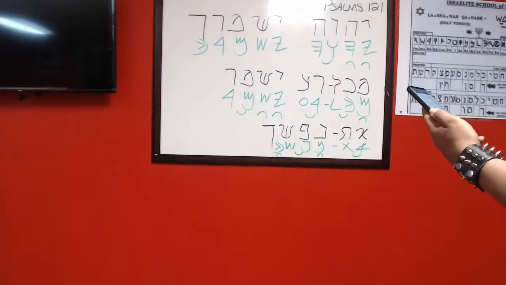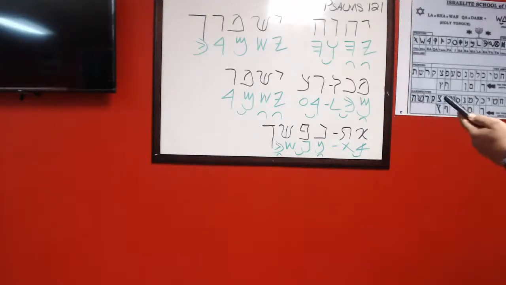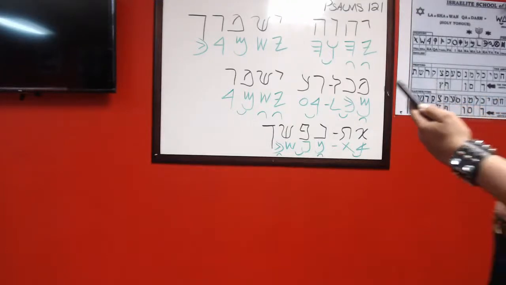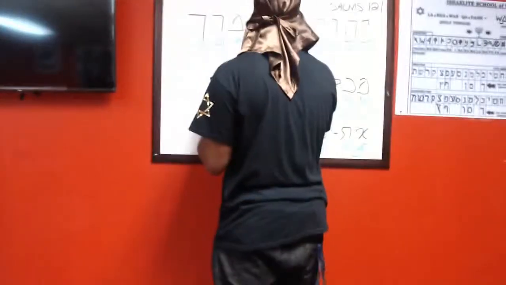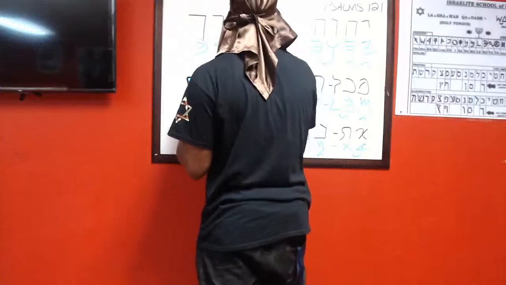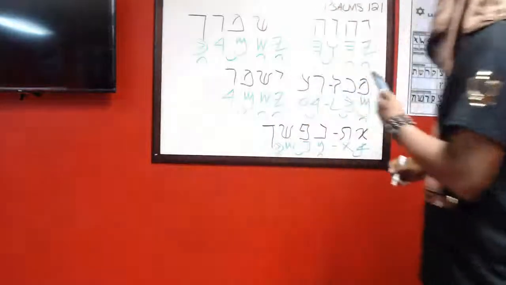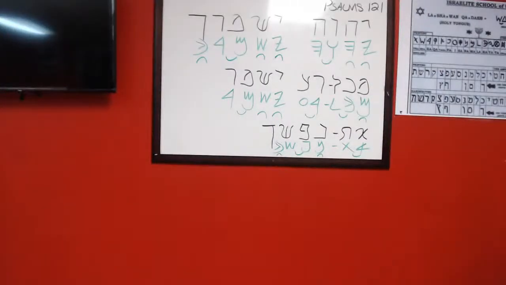This is the book of Psalm 121, verse 7 in the Hebrew. Yahweh, yishmarka, mikol ra. Yishmor. Now, you had that right. Hold on. Let's go back up a word.